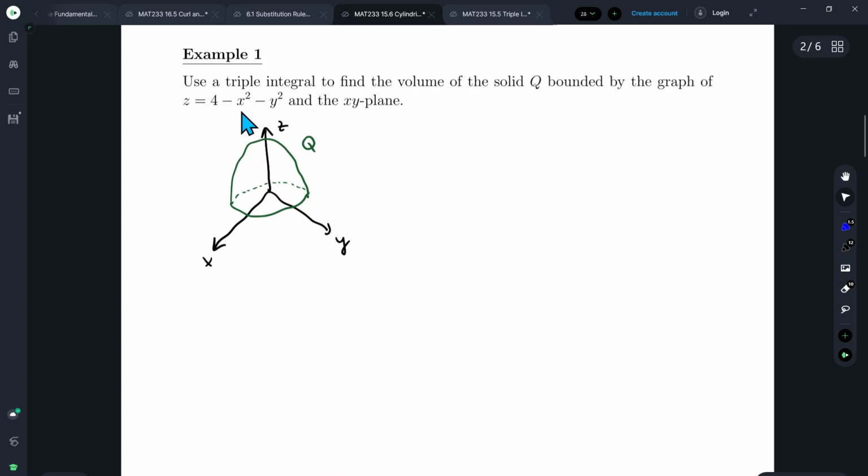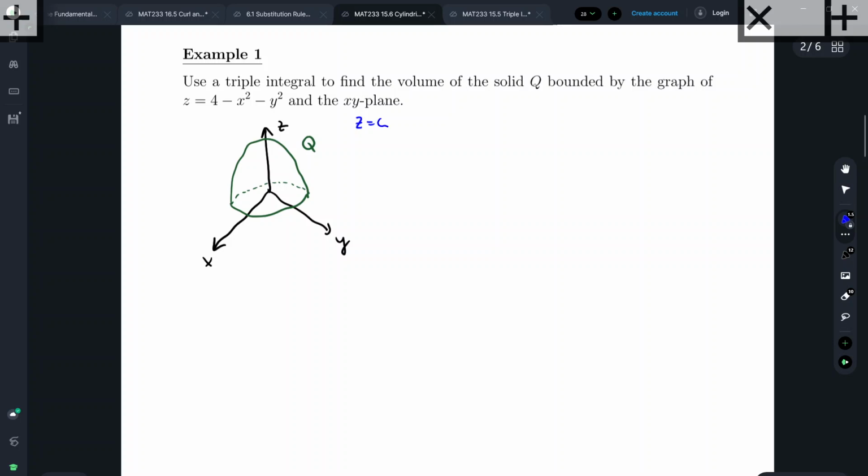So first, let's take a look at the region, the base of the solid, right? In the xy plane, that means that z is equal to 0. So when z equals 0, as part of the paraboloid, we set it equal to 0.